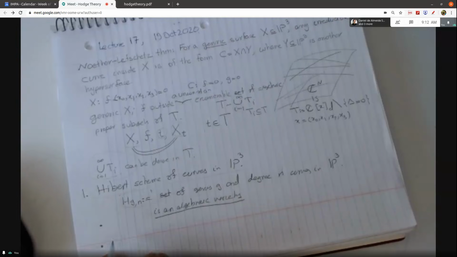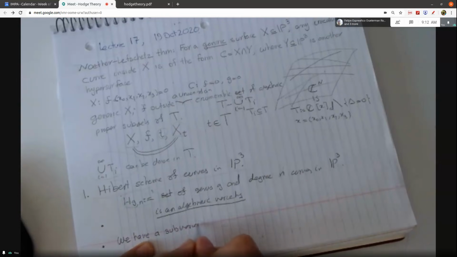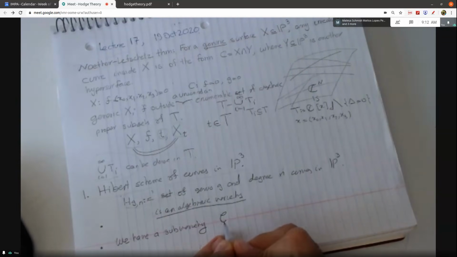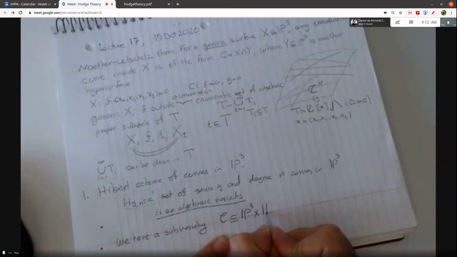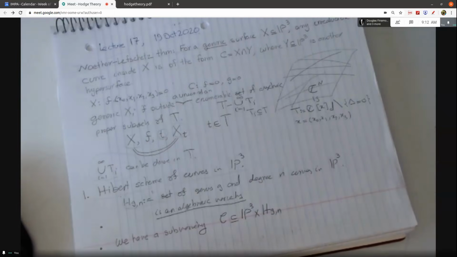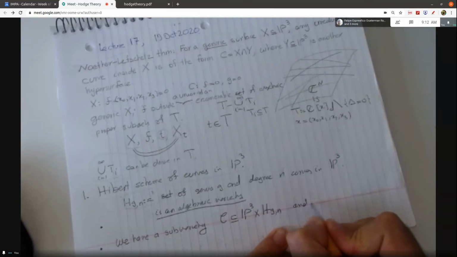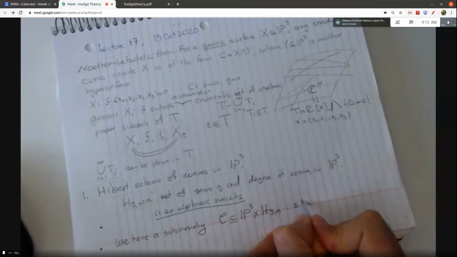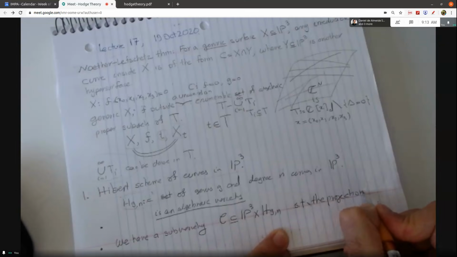And actually, something more: we have a variety, let's write calligraphic C. Actually we have a subvariety of P3 times this H_{g,n}, and such that the projection, I actually need this projection.